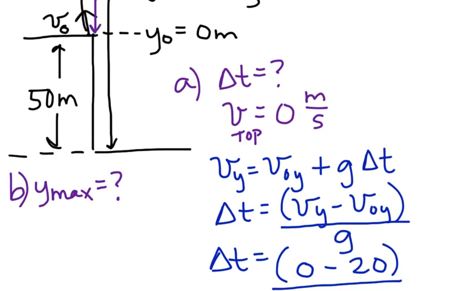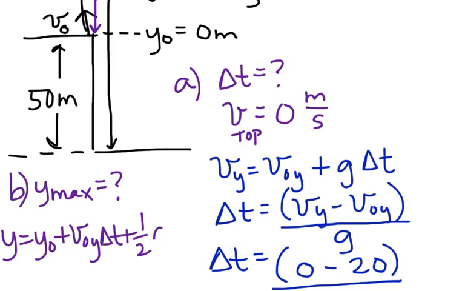The formula I'm going to use, based on the information that I have, is the one from Galileo's Law of Falling Bodies. That formula is y max is equal to y sub naught plus v sub naught y delta t plus 1/2 g delta t squared.